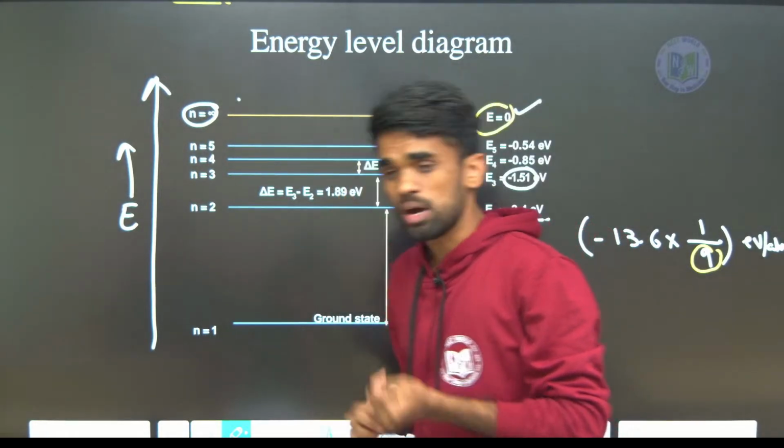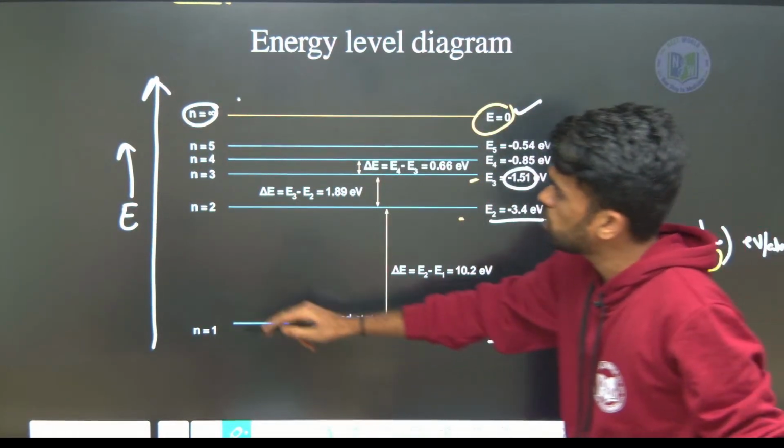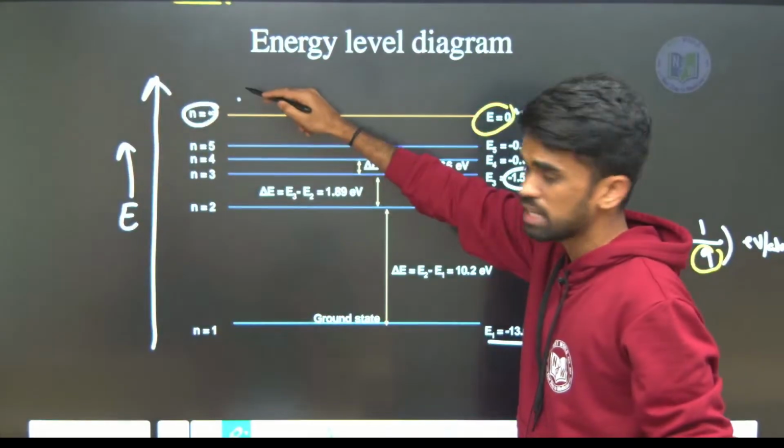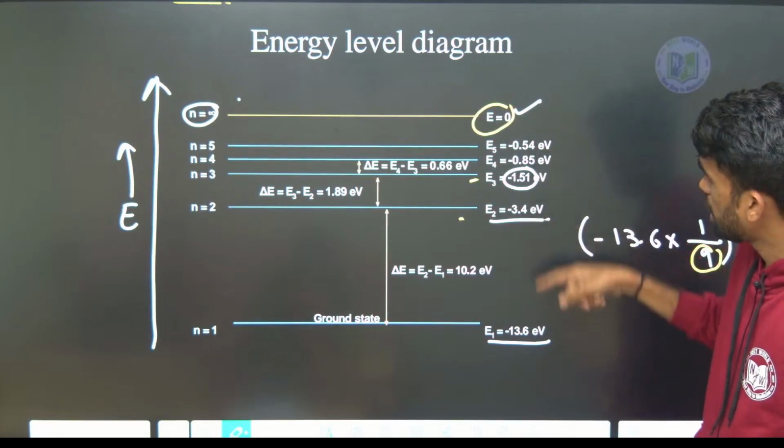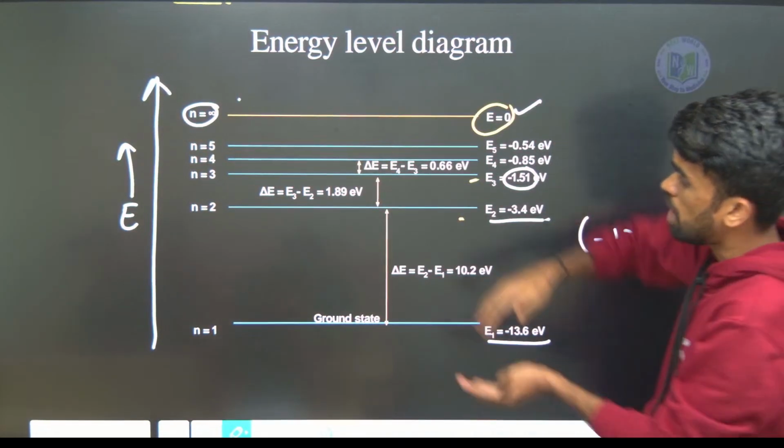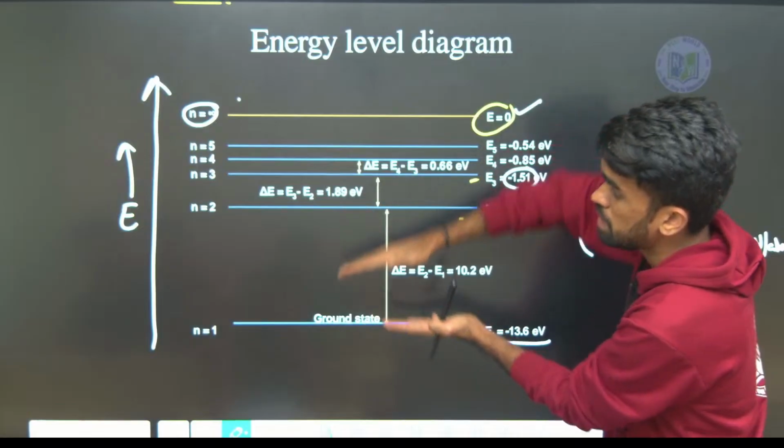Now if you observe, as n value increases, what happens to the energies? Energy is increasing. But what about the energy difference between the energy levels?